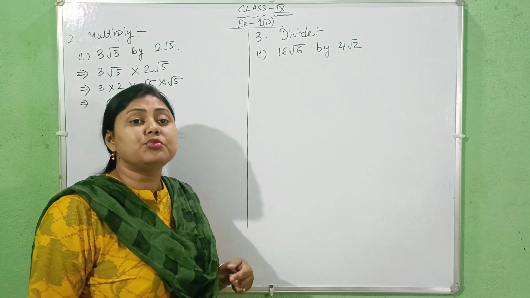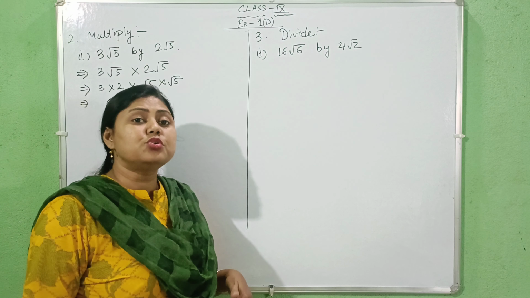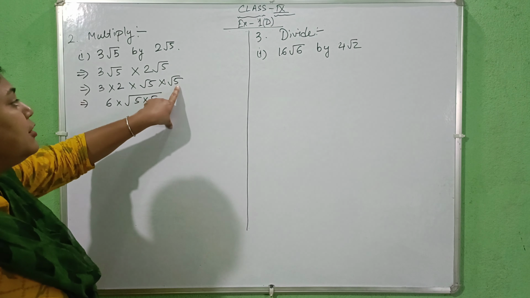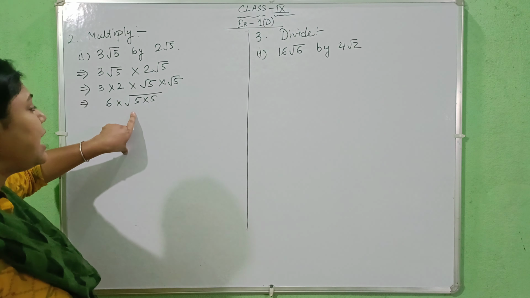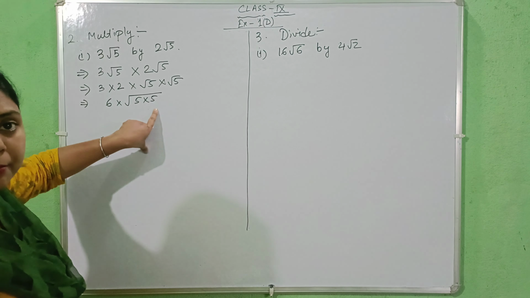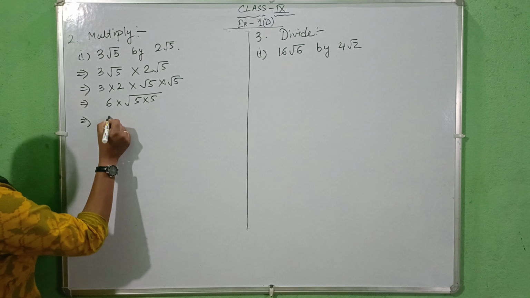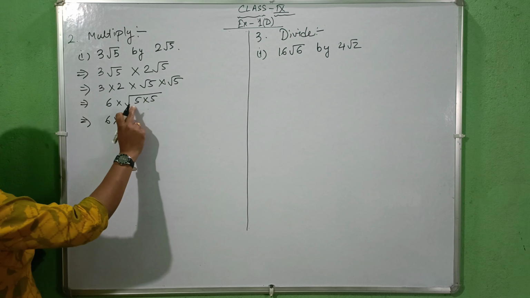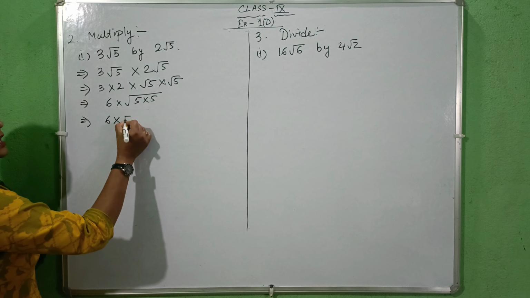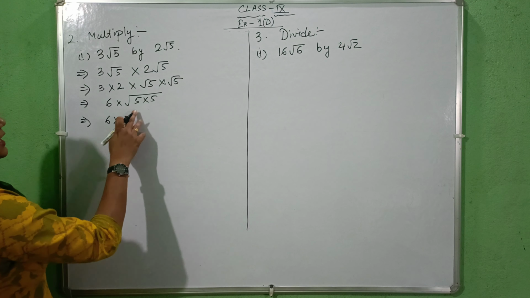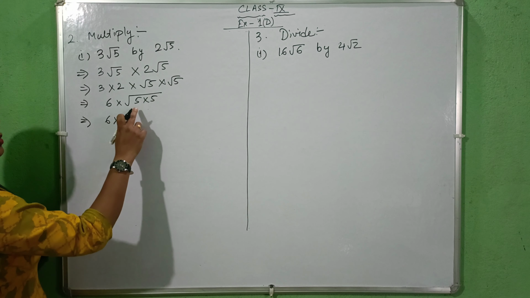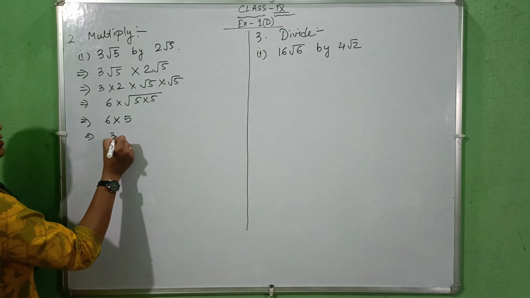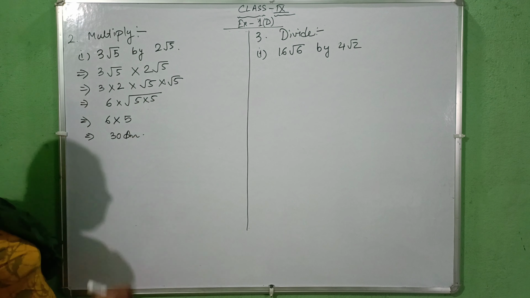There I showed you that root under AB is equal to root under A into root under B. So in case of root 5 into root 5, we can keep it under root as 5 into 5. Okay? So 6 into, if the same numbers are present under the root, we can take out one single number from there. So we are getting 5, because there are two same numbers under the root. So what is the result? 6 5s are 30. It is your answer.